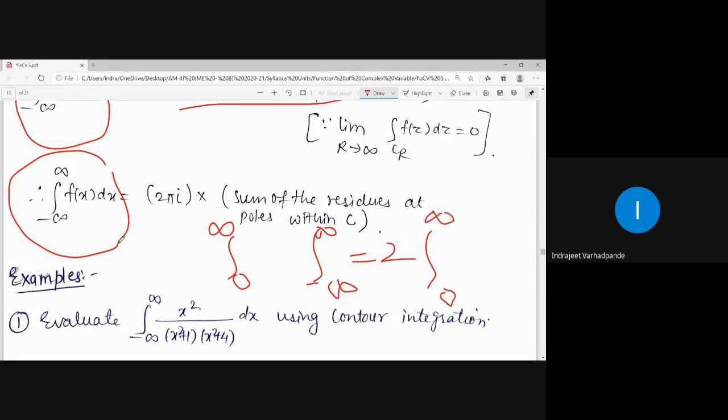So that question will become half times 0 to infinity, provided the function is an even function. Whenever a square function or a to the power 4 function is there, it is obviously treated as an even function.